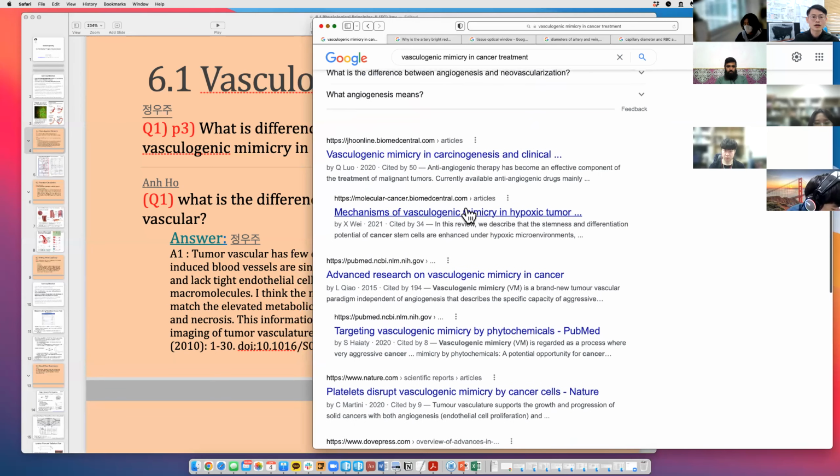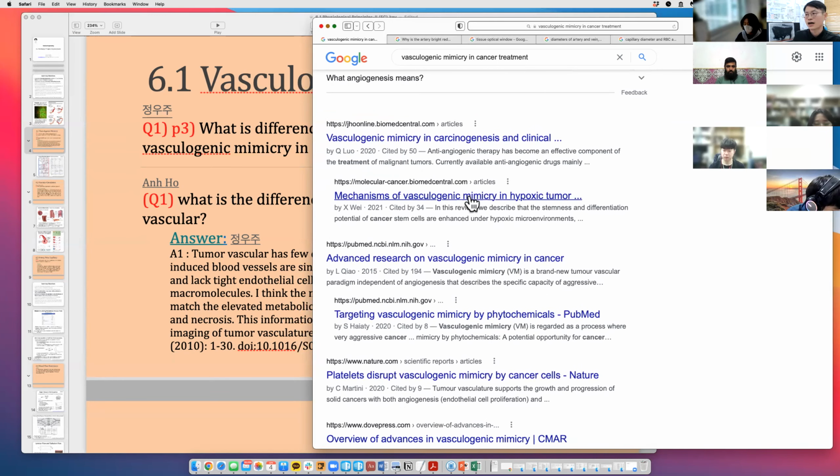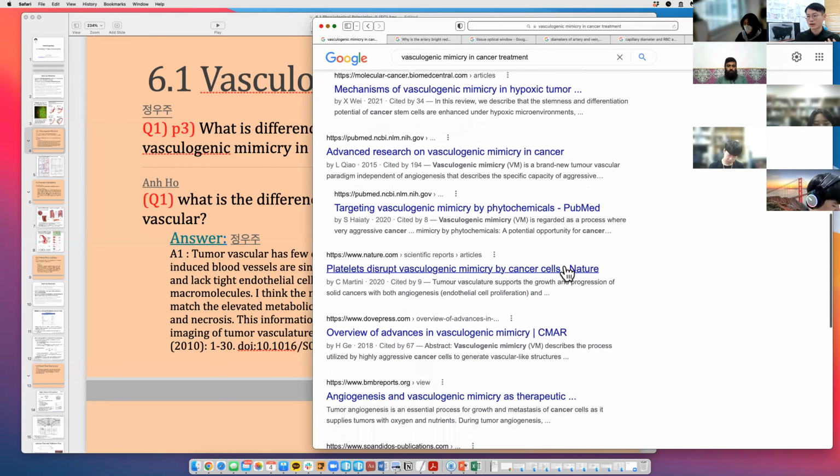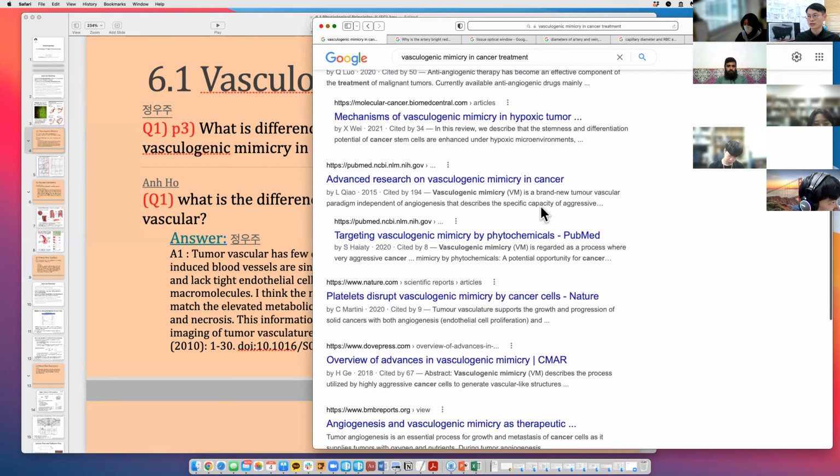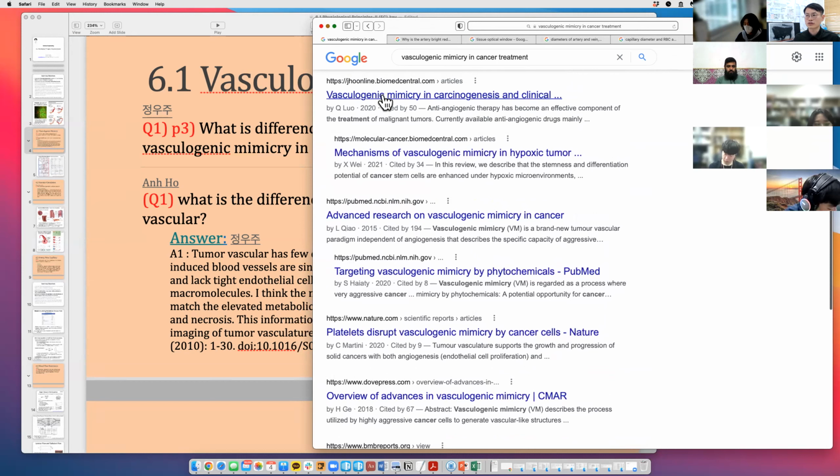You can find a number of literatures, but unfortunately, I couldn't find a major source of vasculogenic mimicry in terms of specific tumor types. But there are a number of very interesting studies. You can see vasculogenic mimicry in carcinogenesis, cancer formation, and clinical settings. In a hypoxic tumor, you see the mechanism, and why the mechanism study is important. It's even from last year or two years ago, with a high citation, so you can see people are pretty much interested in advanced research.